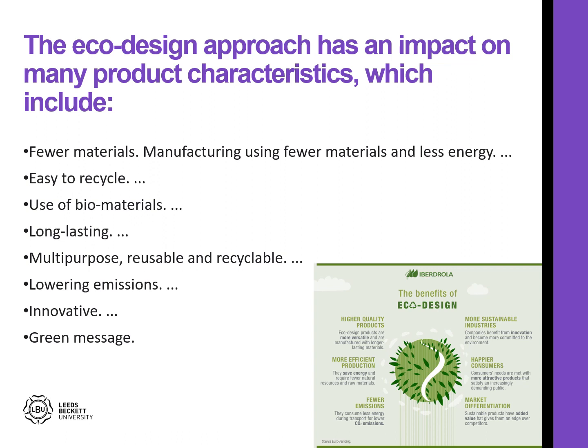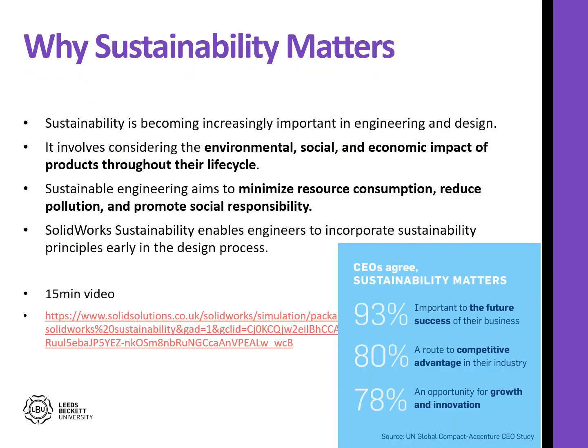If we can make a product with fewer materials and fewer parts, it starts to look at things like how a product can be easily recycled, use of biomaterials, long-lasting materials, multi-purpose, reusable and recyclable, lower energy emissions, the innovation and the green message as well. All of this is extremely important when we start looking at designing a product, and this is what SolidWorks is saying is part of their software now.